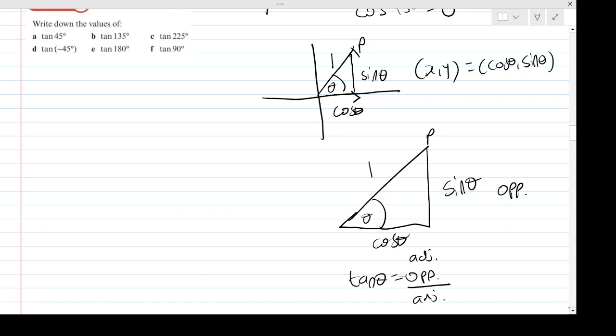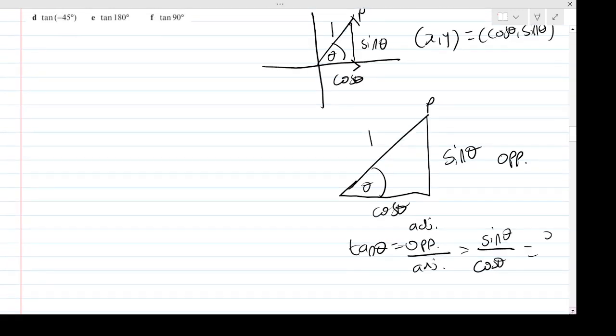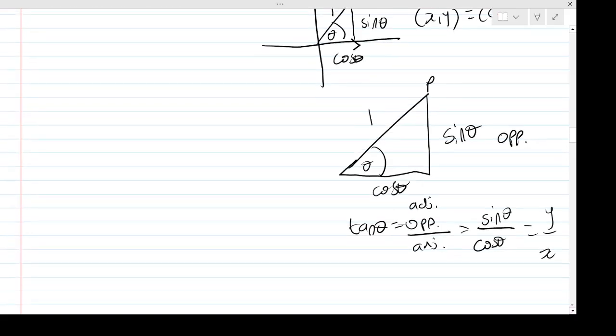But actually, the opposite part is sine theta, and the adjacent part is cos theta. Or we could just say it's y over x, sorry. So if we find our y and x coordinate, we can say that tan theta is y over x, right? But if we can find the angle, then we can also find it that way.